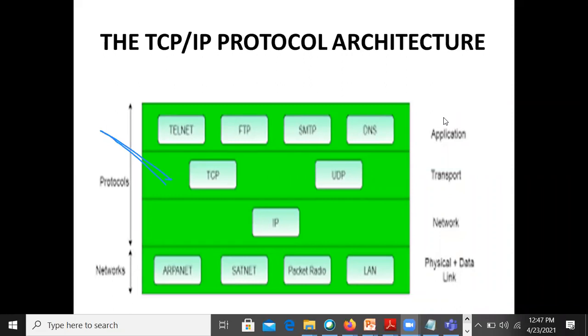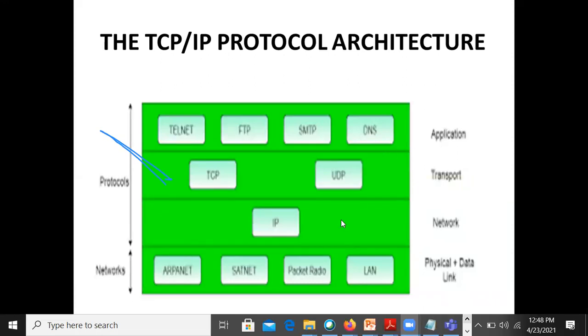So like this, the four layers of the TCP/IP protocol architecture perform. The application layer deals with the applications. The transport layer deals with connection oriented or connectionless transport, and which application to which application delivery is handled by the transport layer.